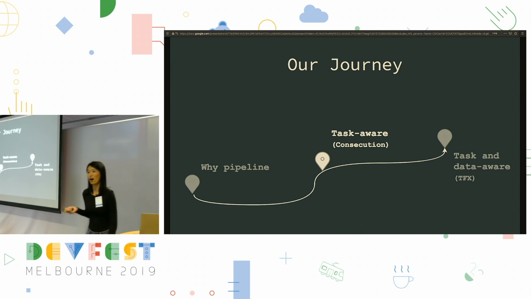And there are different types of such pipelines. First, there's something called a task-aware pipeline. A task-aware pipeline essentially kicks off the next phase of the pipeline simply by starting the next component as soon as the previous component finishes. So all the data flows mainly in memory.